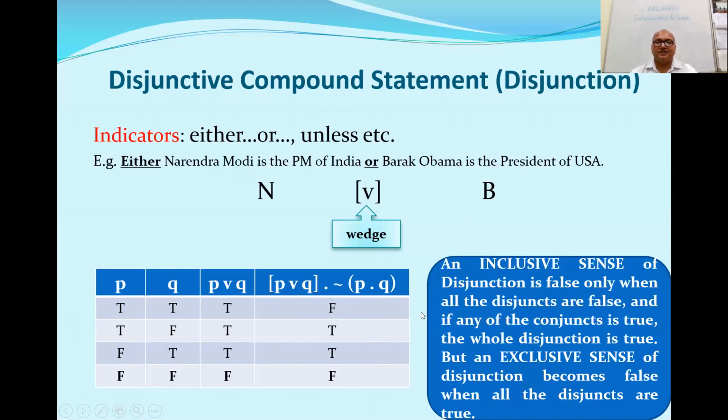So this way you need to construct the truth table and calculate the value of disjunctive statements. There are examples given in your textbook. So you try to symbolize them, find out their truth value, and we will see if you face any difficulty in calculating the values. So that will be the task for your next class, right?